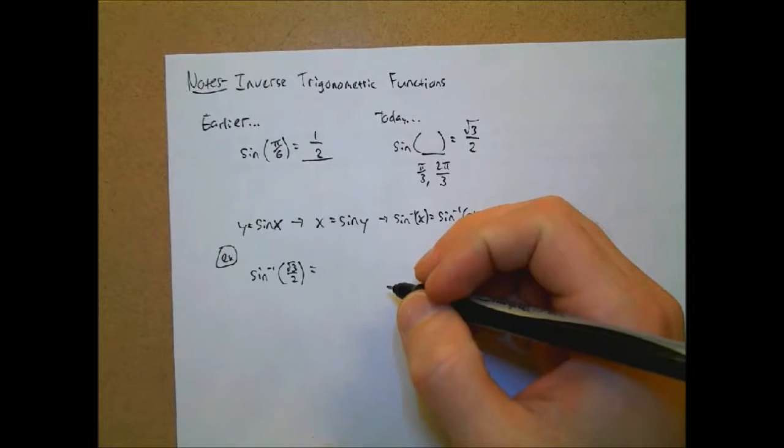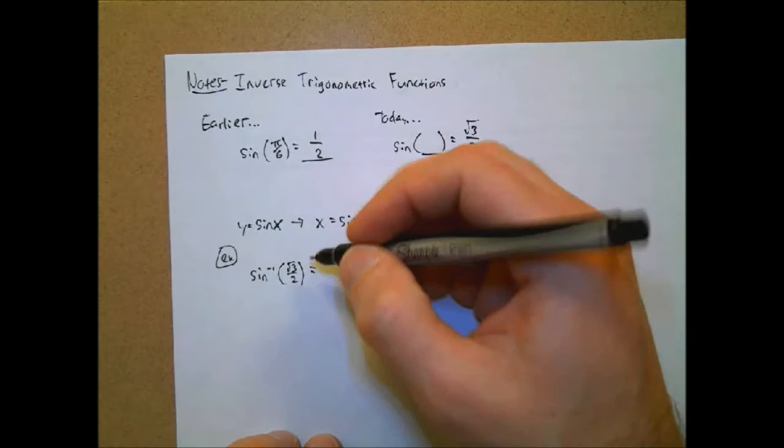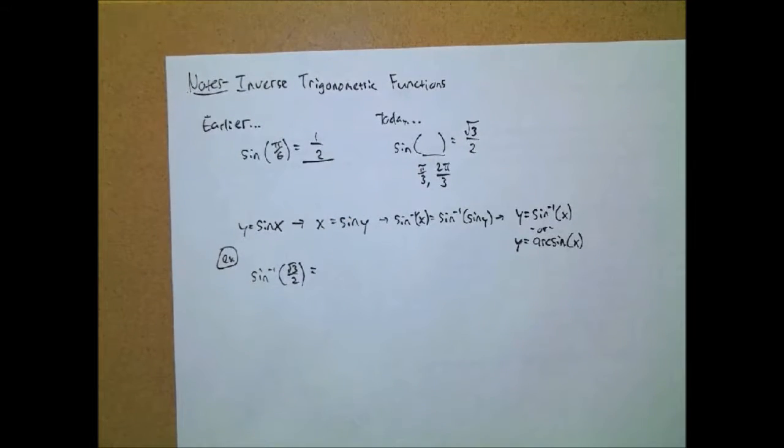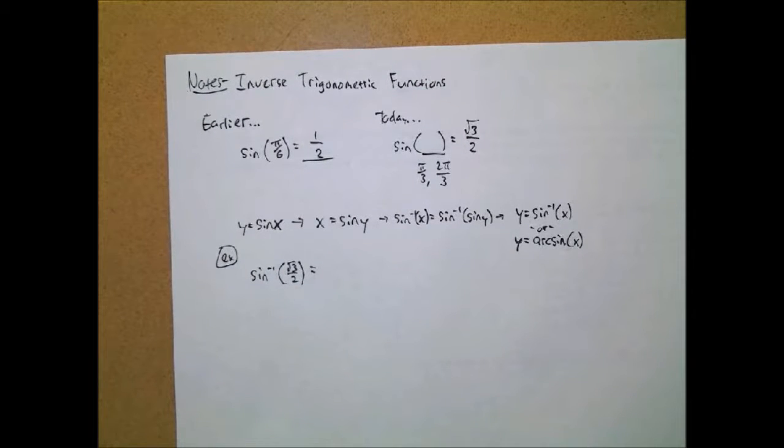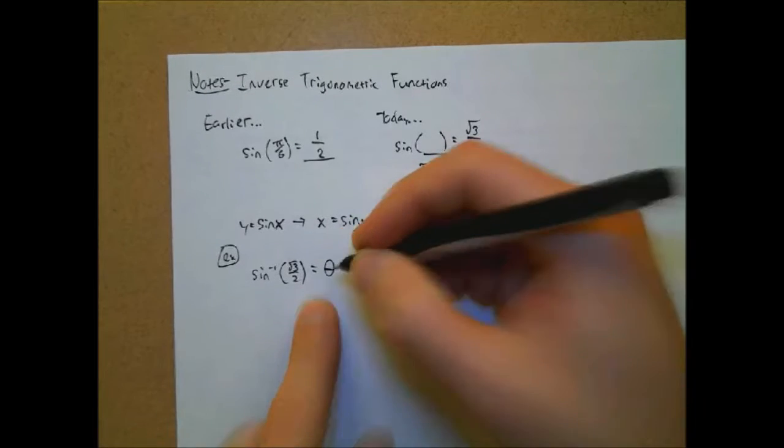Remember that for a normal trig function, your input is an angle and the output is a ratio. But for inverses, that flip-flops. Now the input is a ratio, the output should be an angle. So we'll say this is equal to some angle theta.